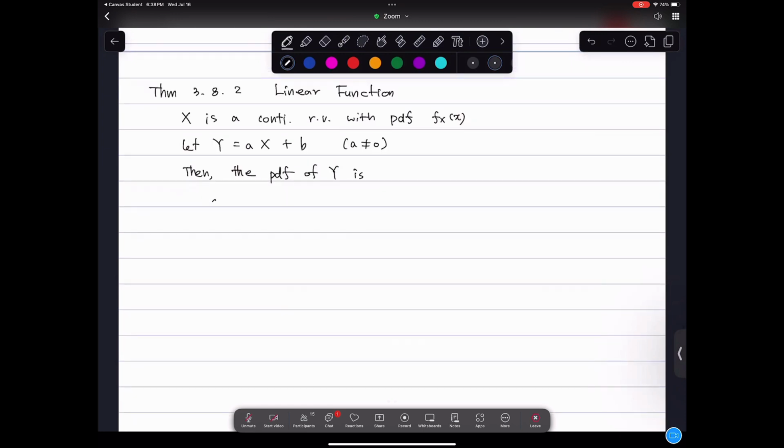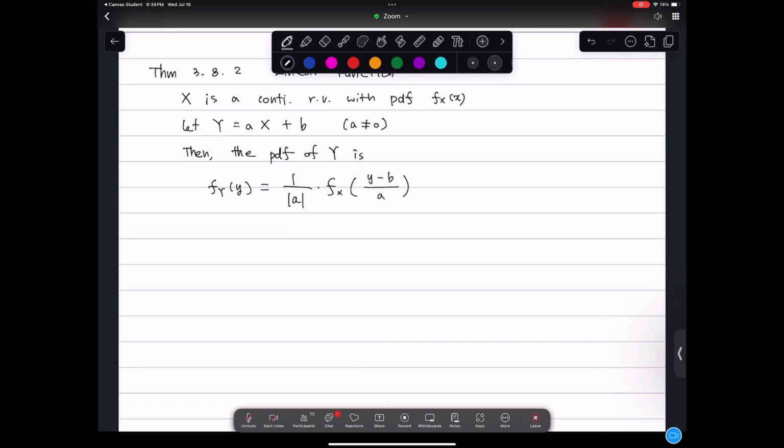So f of y equals 1 over the absolute value of a, times f of x at (y minus b) over a. Again, you can try to prove this, which can be done.